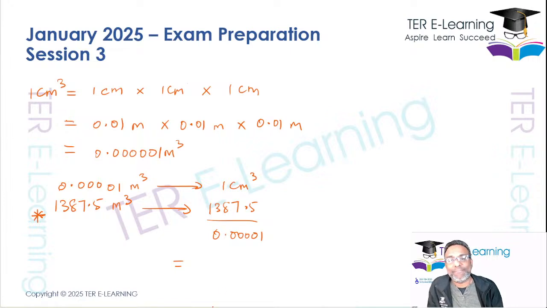And you're going to get a very large amount of cm cube. I'm going to write this answer in standard form because it's very large. I don't know if any of my students did this. How many zeros did I put there? 1, 2, 3.